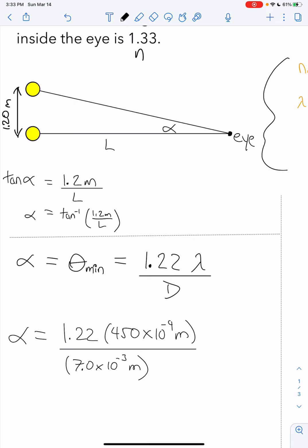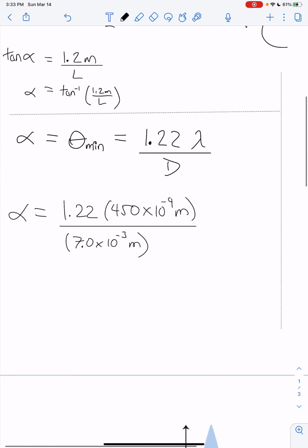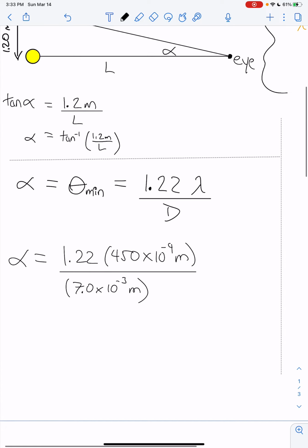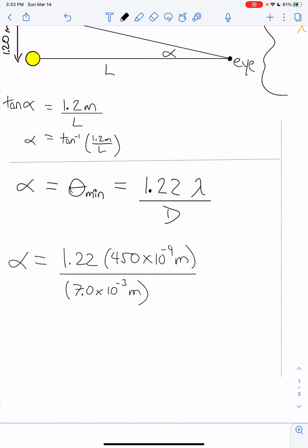Now we can substitute this in for alpha in our equation and solve for what we want. Here's where things get interesting. The alpha here is really small, so strictly speaking you can calculate this, but we can also use the small angle approximation and say this is basically equal to 1.2 divided by L. We don't need to worry about the trig aspect of this.